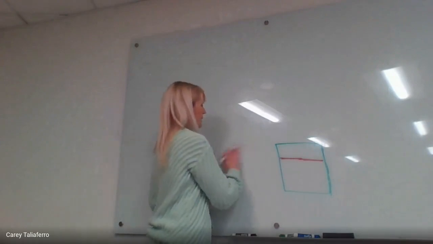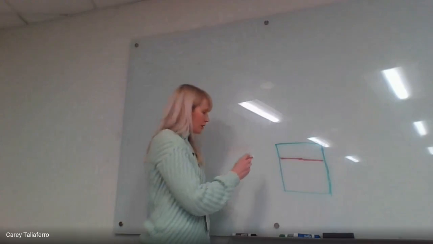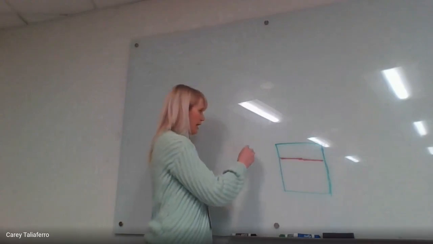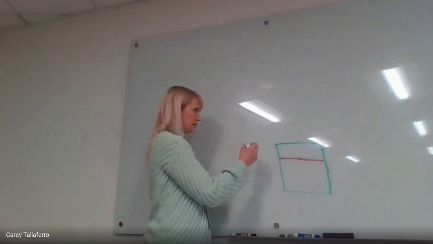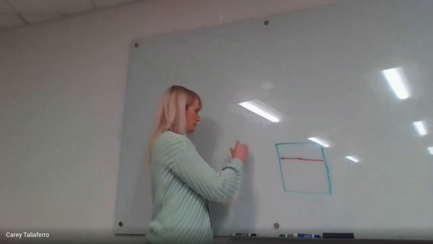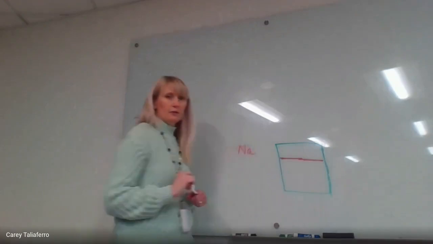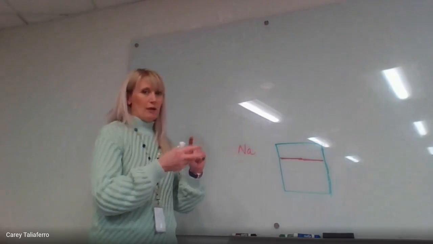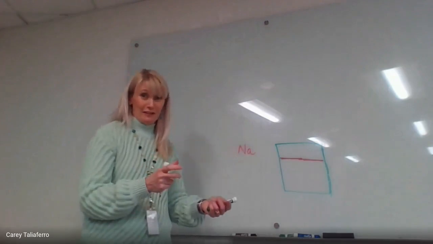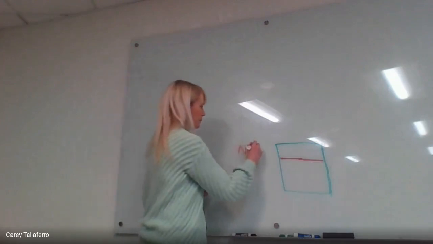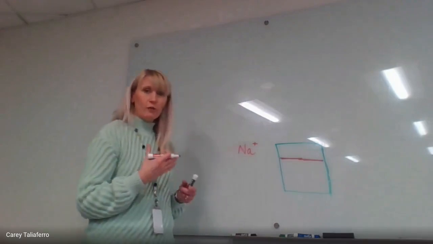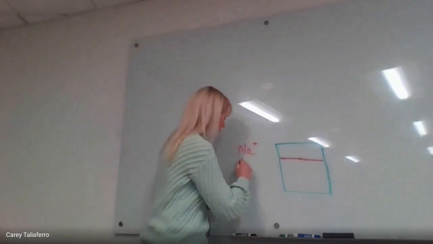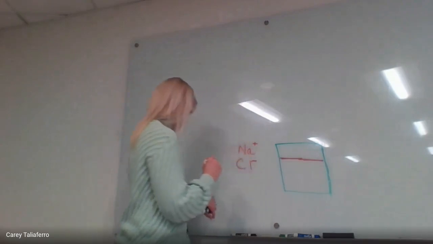It's so hard when it writes backwards. So if you remember, that's sodium chloride, that's sodium. I know it's backwards and I'm really sorry. But sodium has a plus ion when it dissolves. Chlorine has a negative ion.